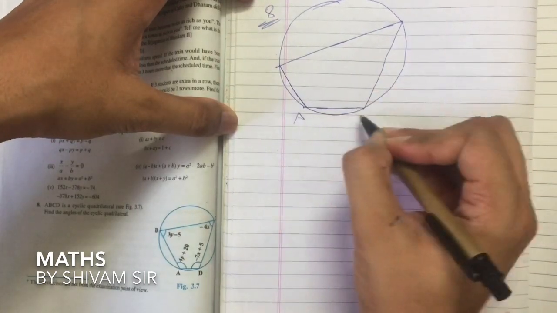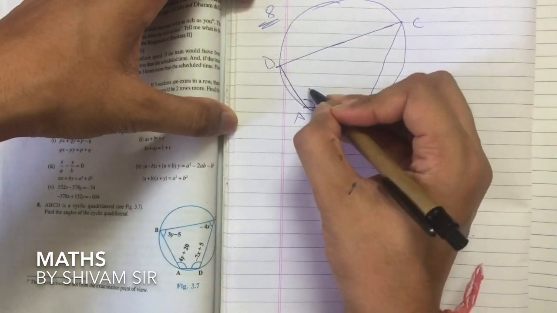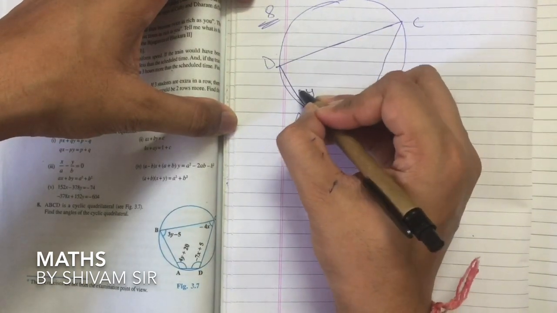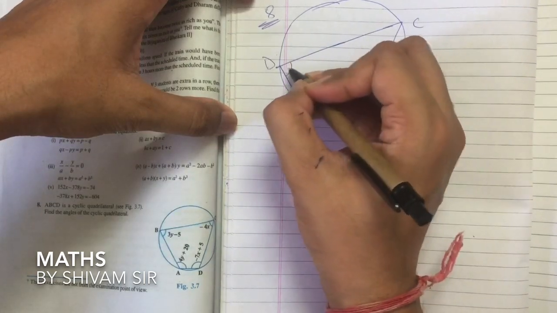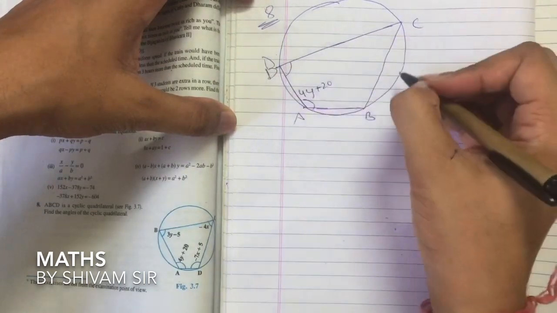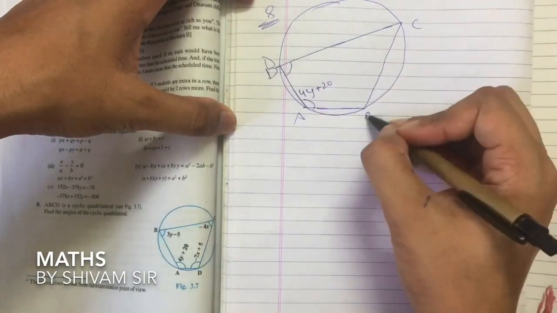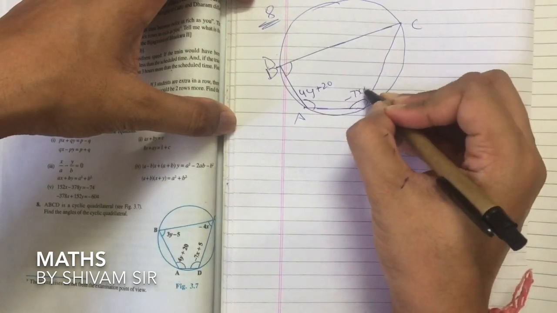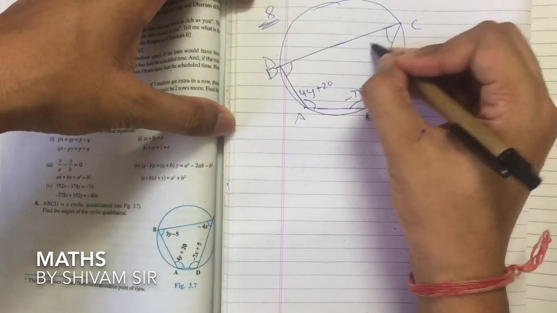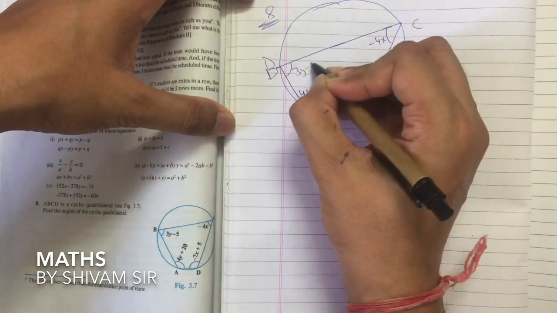Angle A is 4y plus 20, angle D is minus 7x plus 5, angle C is minus 4x, and angle B is 3y minus 5.